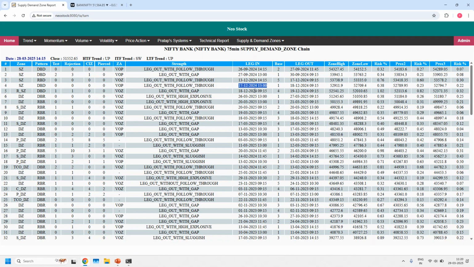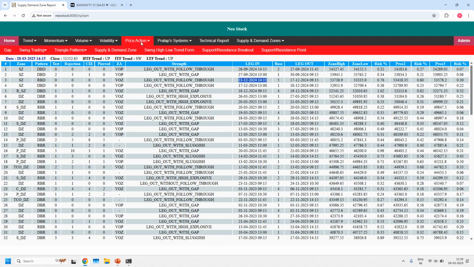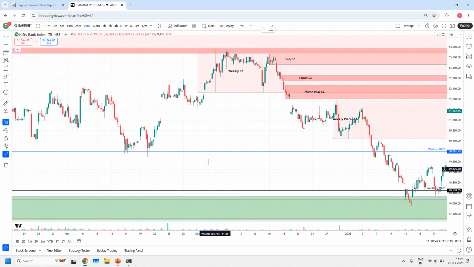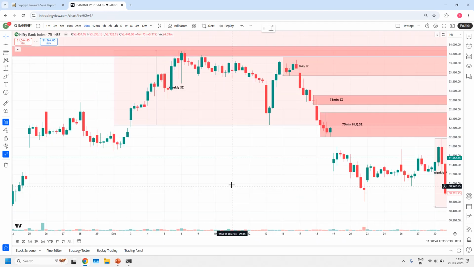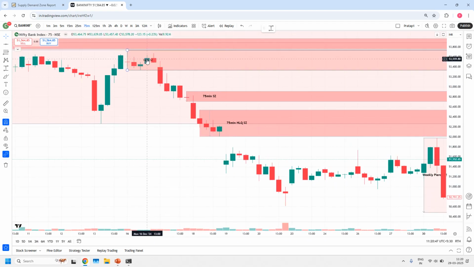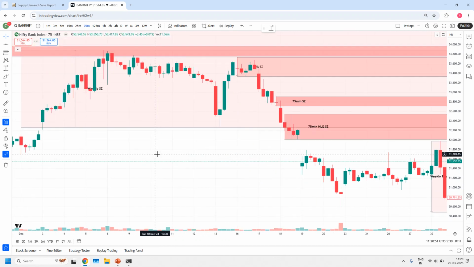And above that there is one more supply zone. This is on 13/12, 14:15.